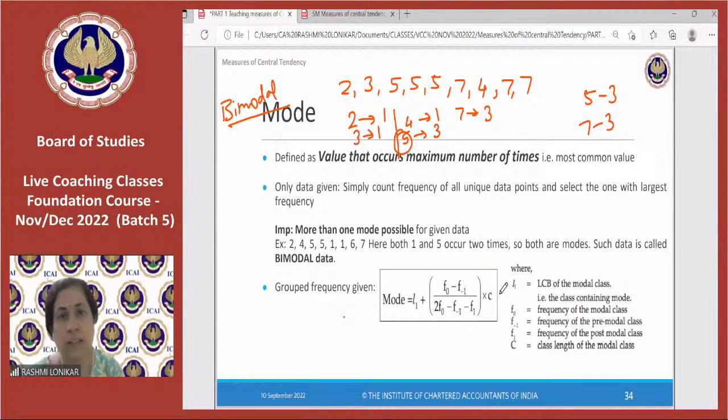Then you will have the pre-modal class and the post-modal class. F0 is the modal class frequency, F of minus 1 is the pre-modal class frequency, and F of plus 1 will be the post-modal class frequency.